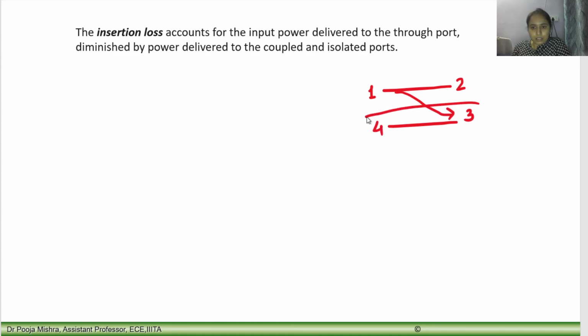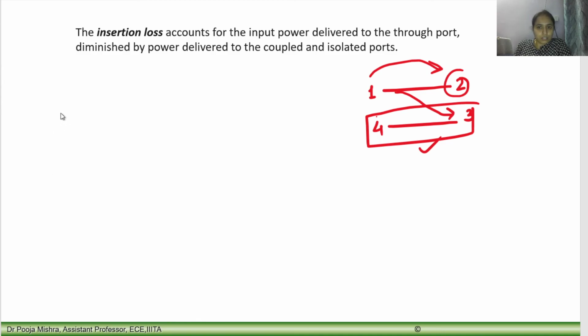Because of these two ports, all the power that should have reached port 2 is diminished by the power that is being coupled and the power sent to the uncoupled port. So the insertion loss is the loss which accounts for the power delivered to the through port, which is diminished because of the power being coupled into the secondary waveguide, into the coupled port and the isolated port.